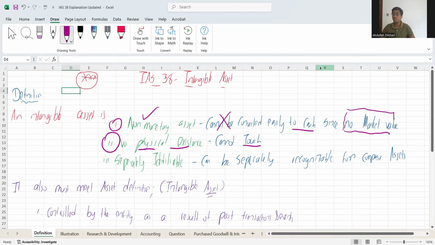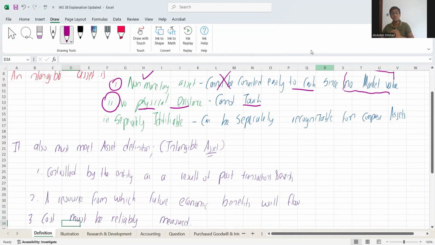The reason they don't have market value is because they are not frequently traded. Once in a while, people will be trading. Now, my calculator, all of these are tangible assets and they are frequently traded. Therefore, they will have a regular market value. But in terms of intangible asset, you will not have market value. So therefore, it is a non-monetary asset.